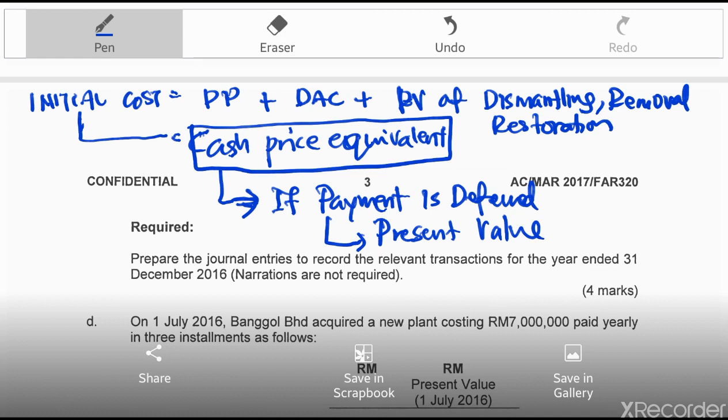So that was the case if you acquire a PPE and the payment is not made immediately, but is settled in a few installments. Let's look at how we apply this.